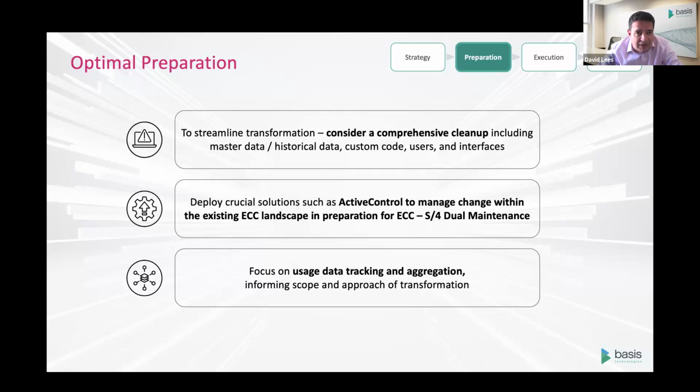Historical data, do you still have data in those systems that you're looking to potentially do a brownfield migration of? Or if you're looking at hybrid, what is the subset of that historical data or master data that you want to bring across? That's obviously something that you would need to spend some time on in preparation.